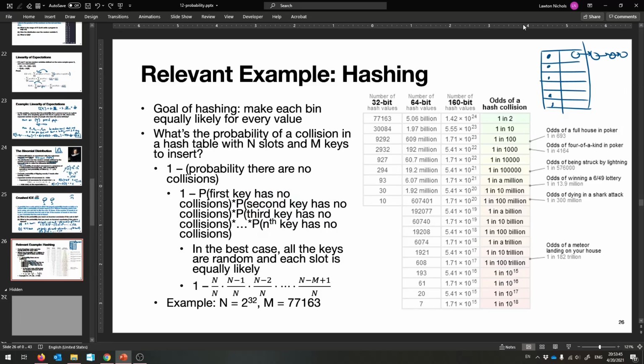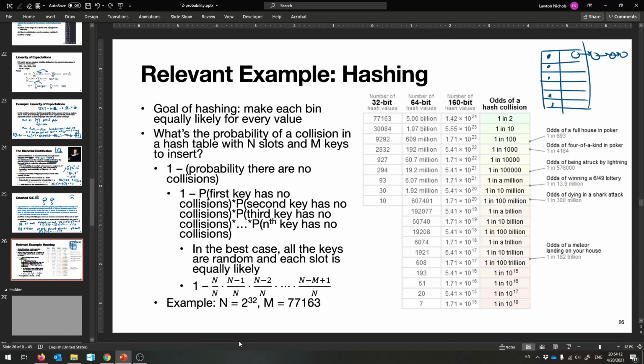And so, all the keys are random in this best case, and each slot is equally likely. So here is our probability. It's 1 minus (n minus 1 over n) times (n minus 2 over n). This is the probability that the second key has no collision, the third key has no collision, all the way down to the nth key.